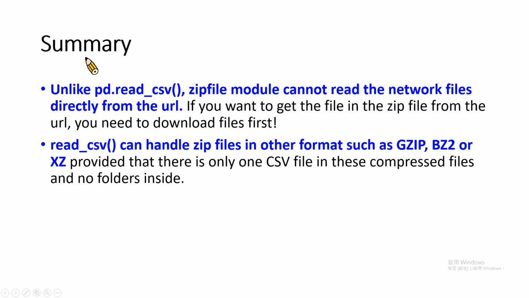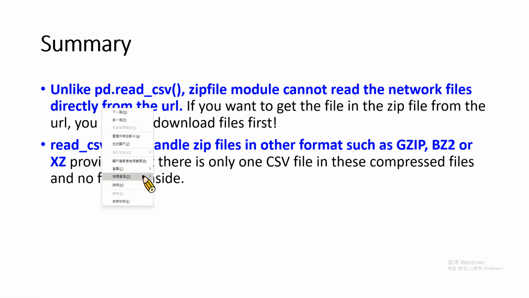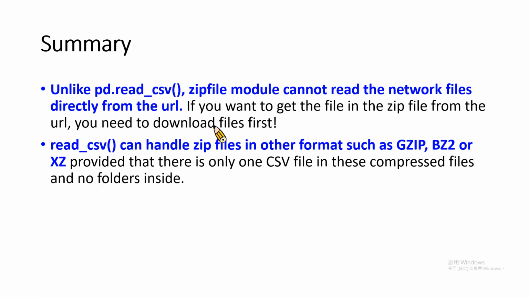Before ending this topic, there are two points you may need to know. First, unlike the read CSV method, the zipfile module cannot read a network file directly from a URL.